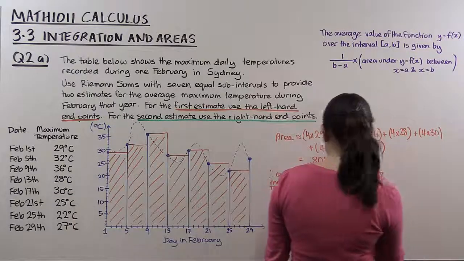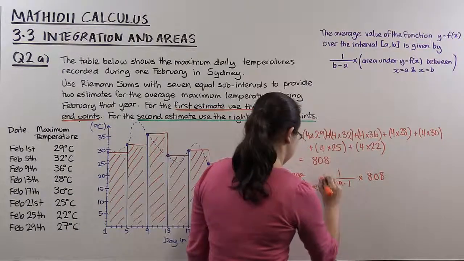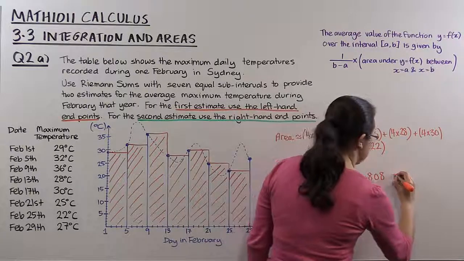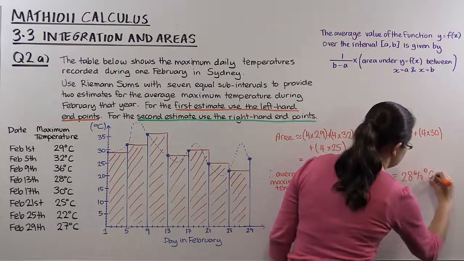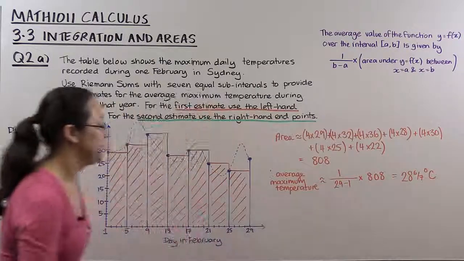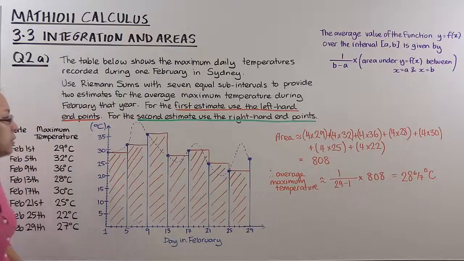So I'll write approximately, and that turns out to be 28 6/7 degrees Celsius. So if I use the leftmost points, an estimate for the average maximum temperature during February is 28 6/7 of a degree.